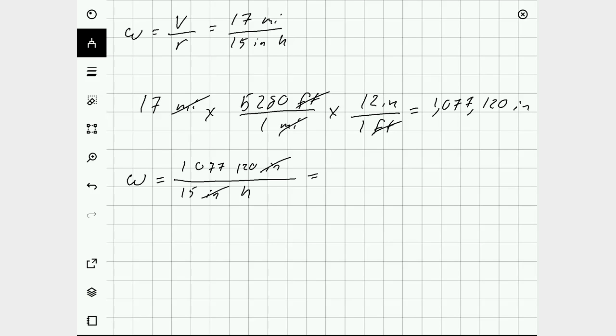And if I take 1,077,120 and I divide by 15, I get 71,808. And my units are 1 over hour. Starting to get somewhere. Still have some more room to go, but we're starting to get somewhere.